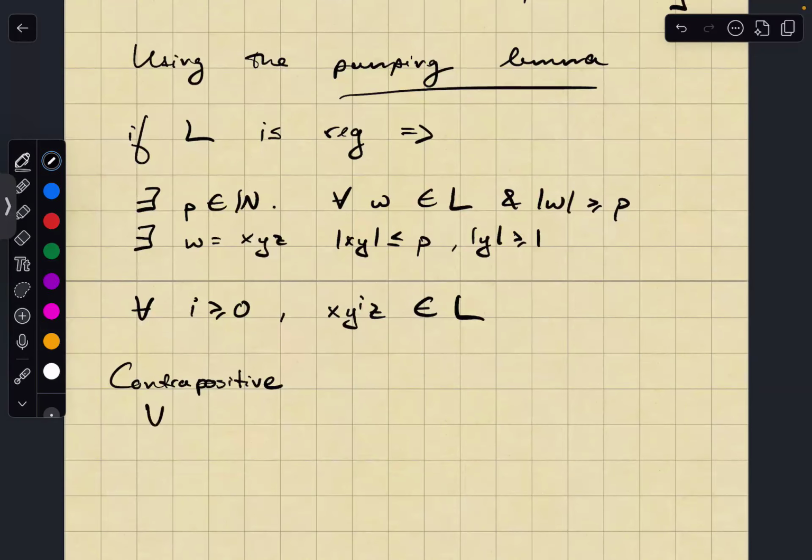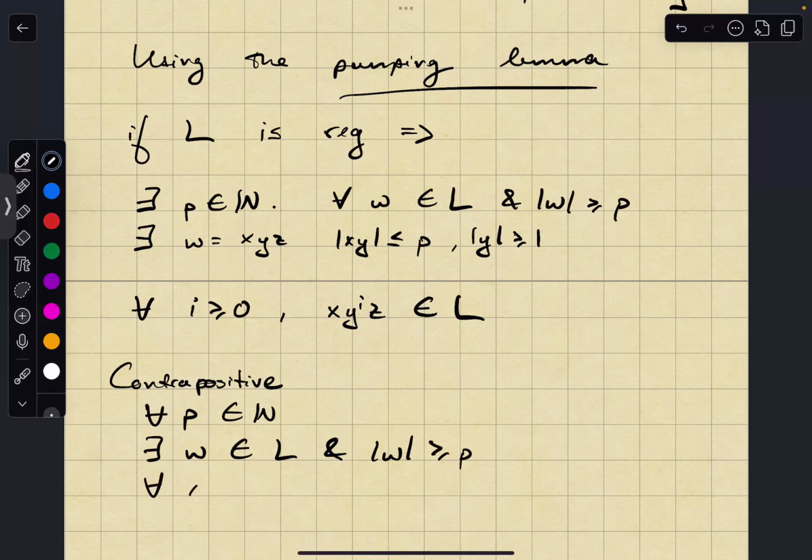It's for every p in the set of natural numbers, there exists a w in L where w has length at least p, for which it doesn't matter what the decomposition is.